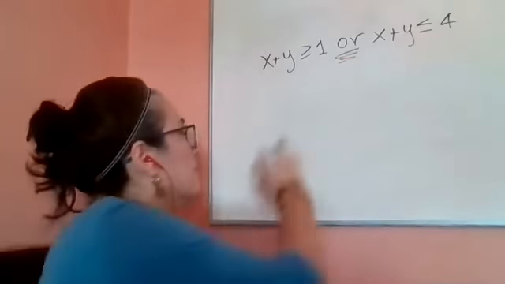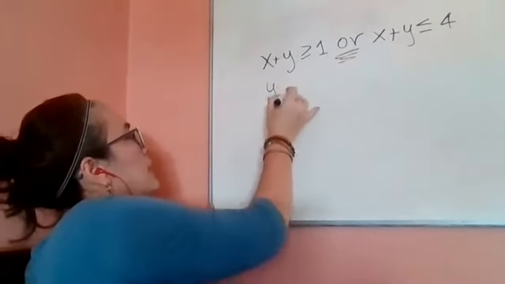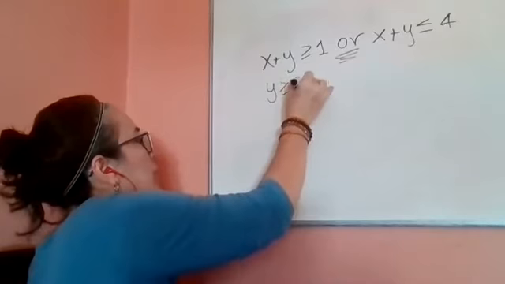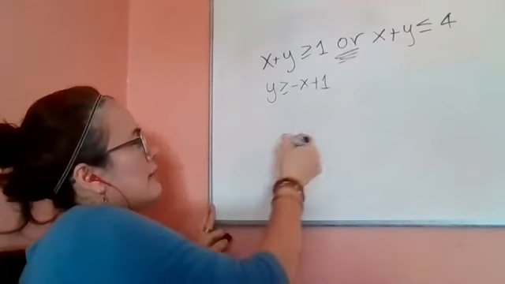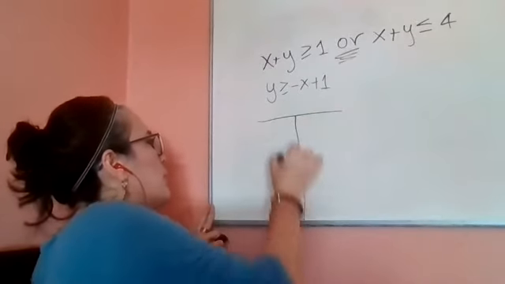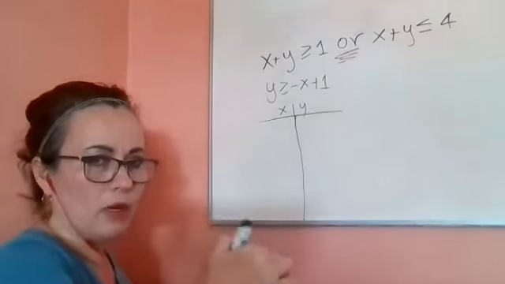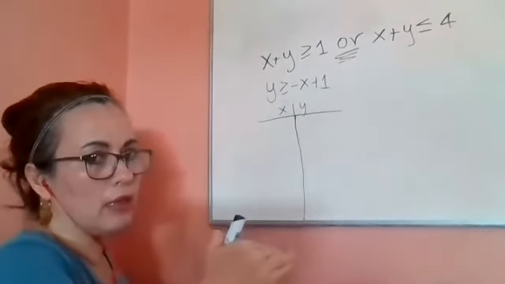Let's begin. The first one, I'm going to do the rearrangement, and y is going to be minus x plus 1. As you can see, the inequalities that I'm using are really easy. And I'm doing this because I want you to understand the concept of "or" more than anything.